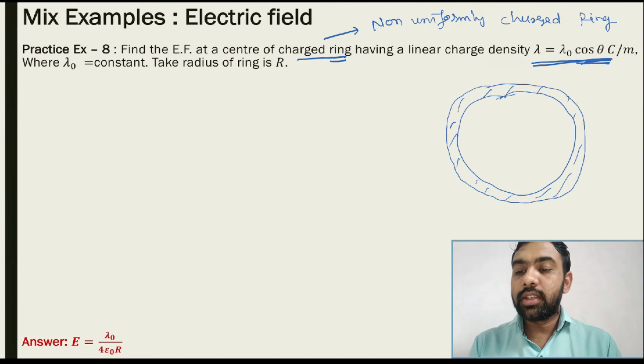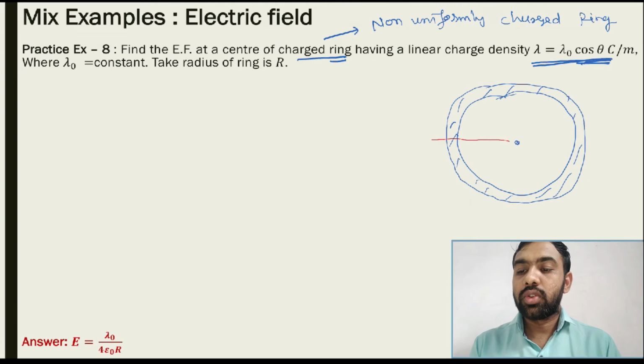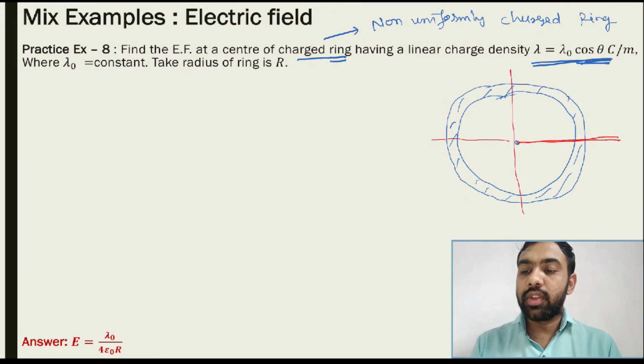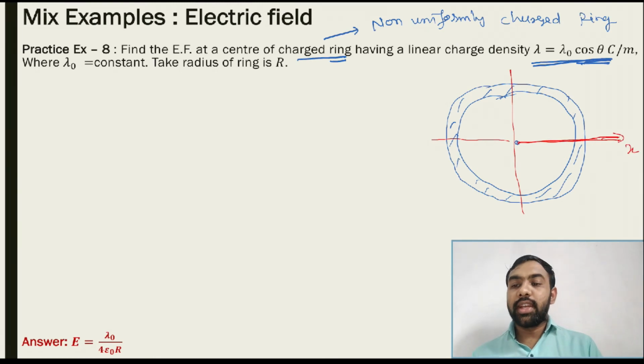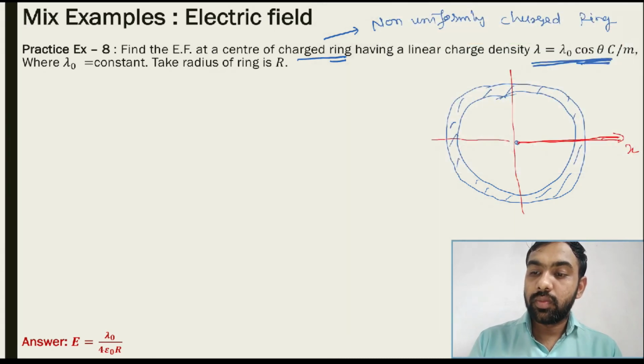Consider that is the center. Let's draw the axis also. We take the x-axis as reference. Now we consider a small element on the ring, and its angle with the x-axis is theta, and its angle subtended is d theta.